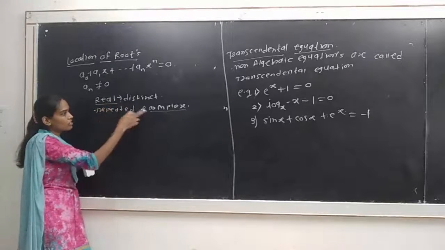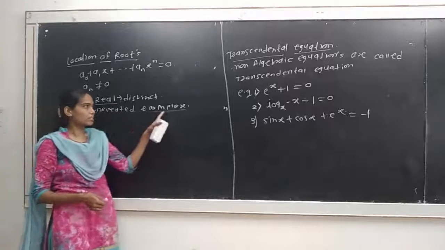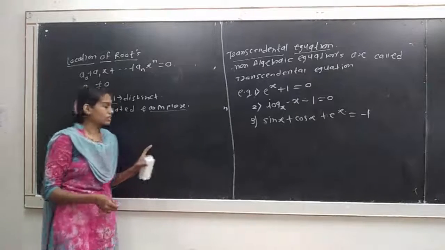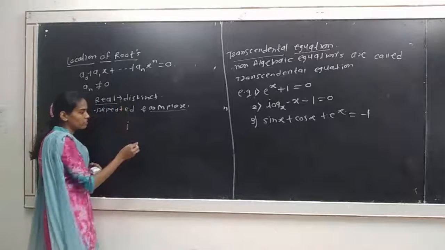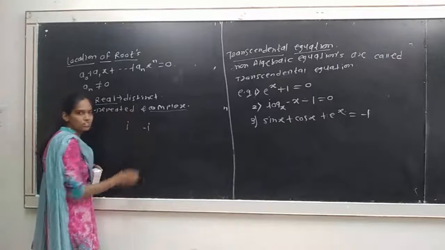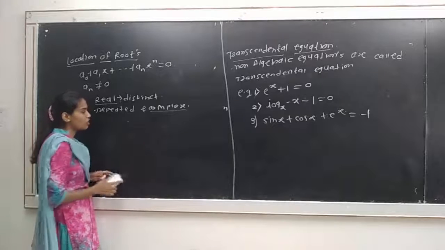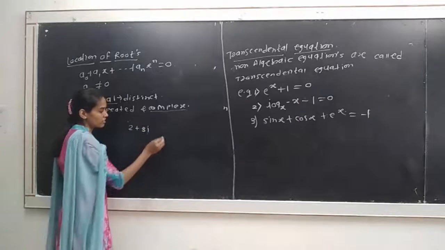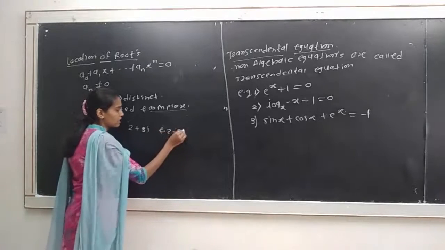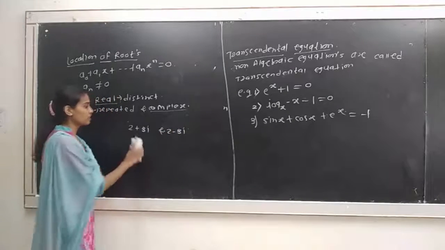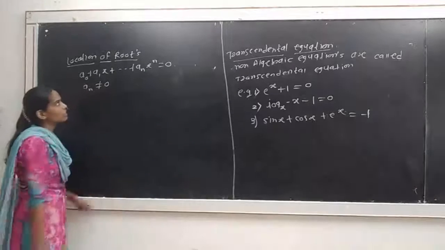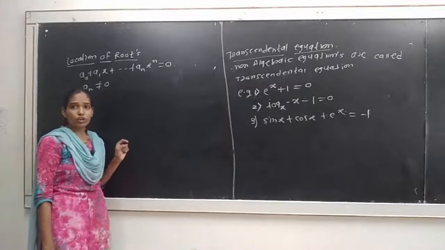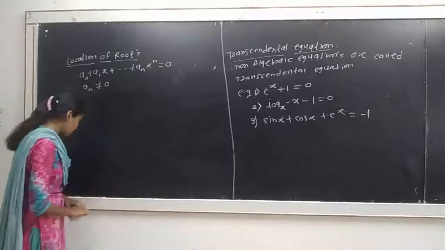If the roots are complex, then these always occur in pairs. So suppose i is a root of the given equation, then minus i is also a root of that equation. Or suppose 2 plus 3i is a root of the equation, then 2 minus 3i is also a root of the given equation. Then we have to see the rules for location of roots.